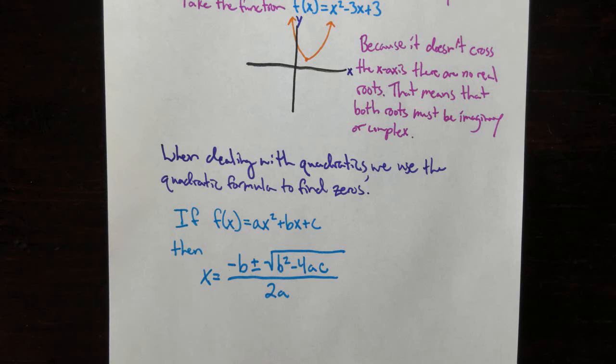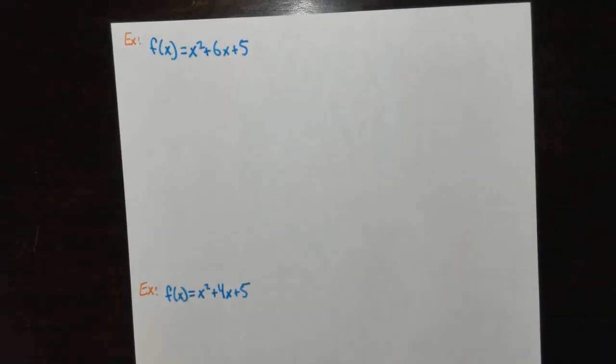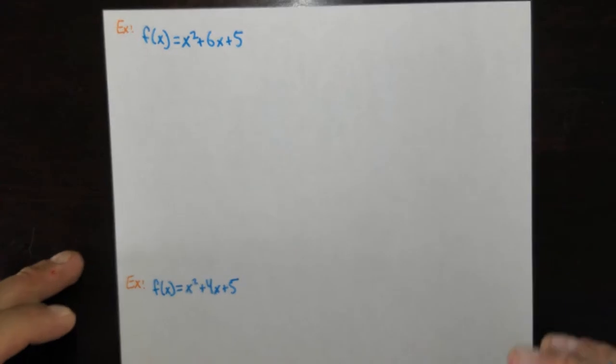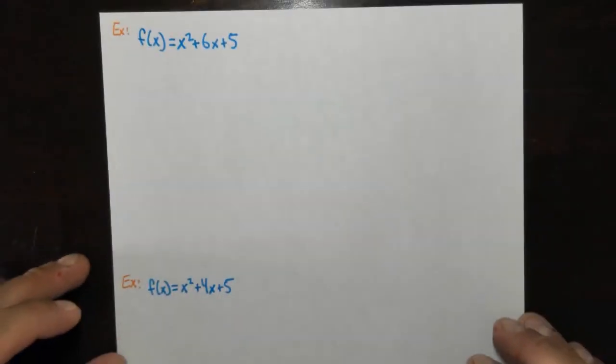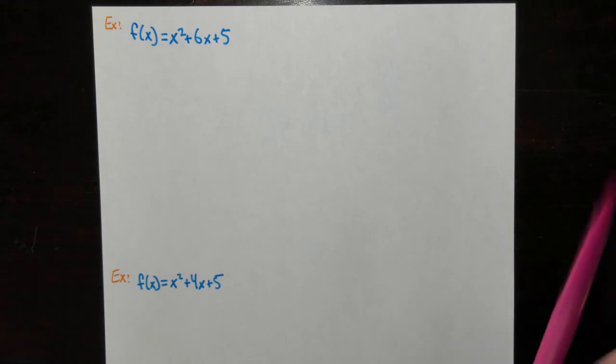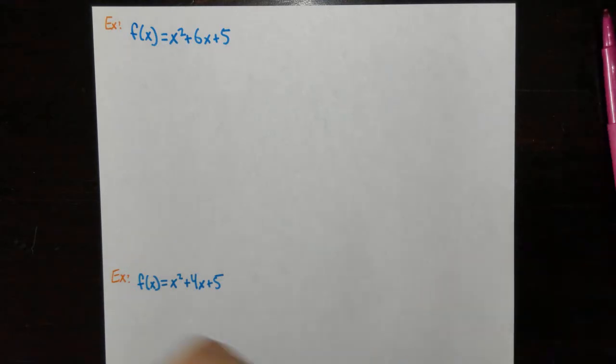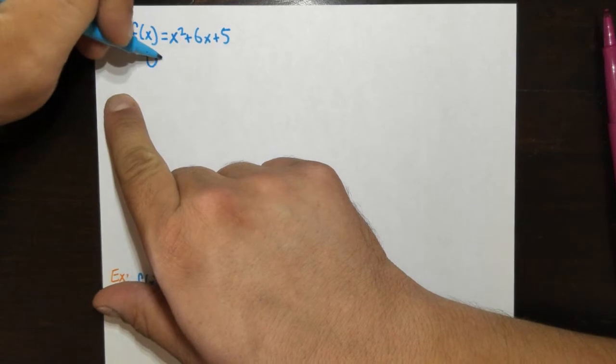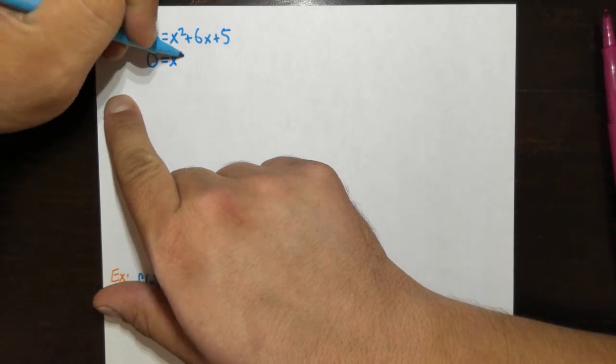So let's go find some of these roots of these polynomials. Let's take a look at this example here on top. We have x squared plus 6x plus 5. And we want to know, when does the function equal 0? You don't always have to rewrite it, but I'll rewrite it for us.